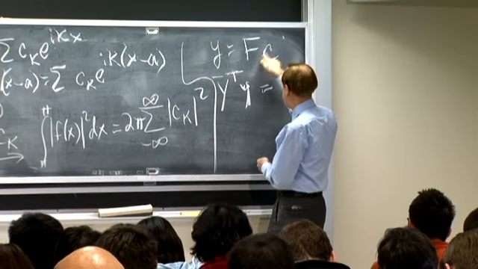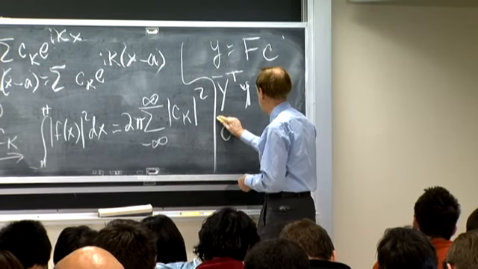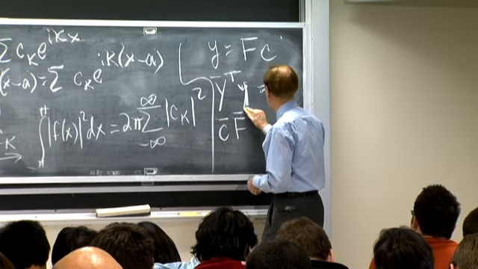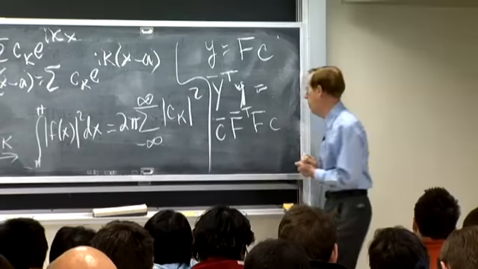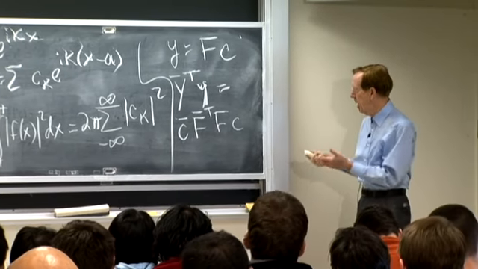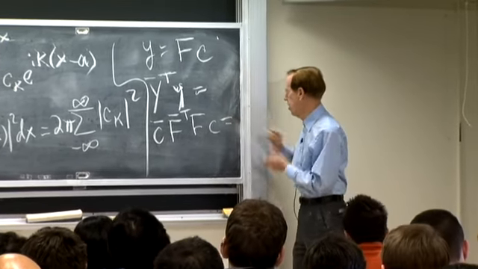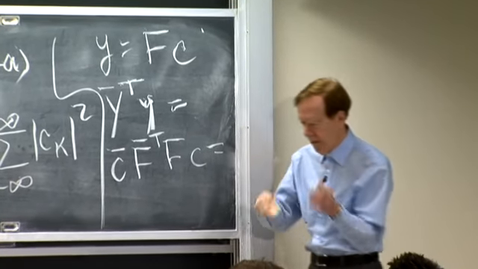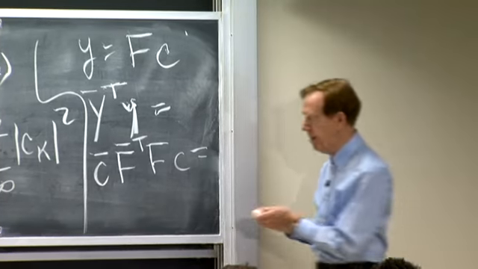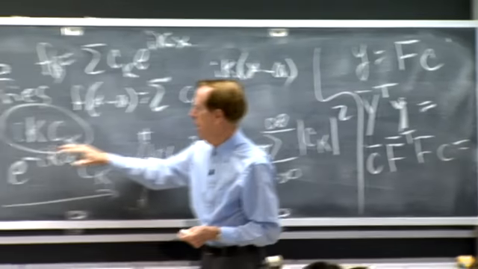That will be, substituting, c bar F bar transpose times y is F c. Just plugged it in, and now what do I use? The key fact. What is the fact that the columns are orthogonal? That's what made all these integrals simple, right?